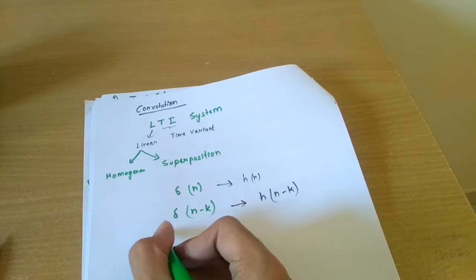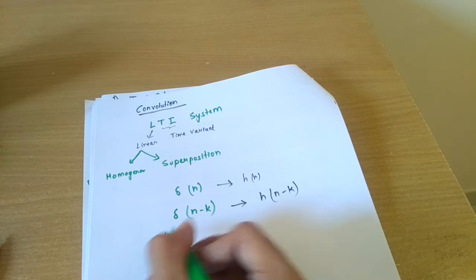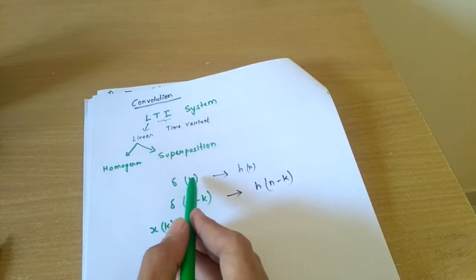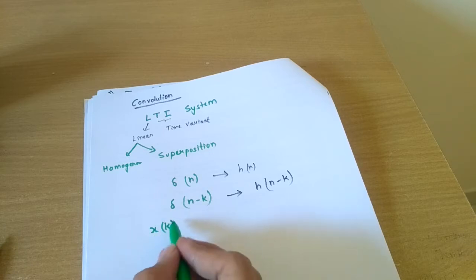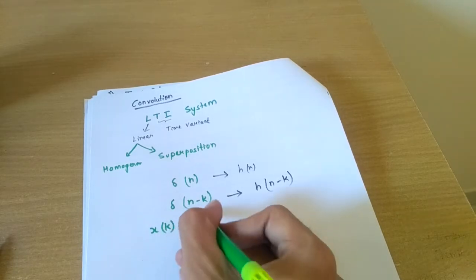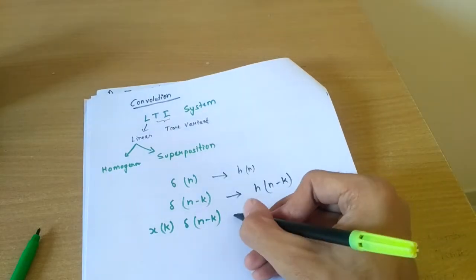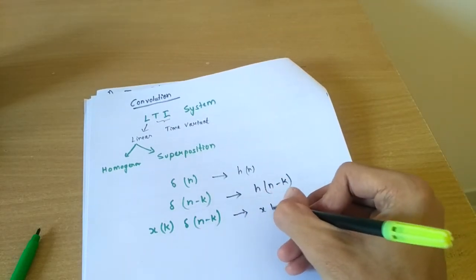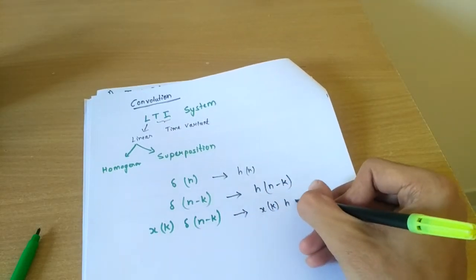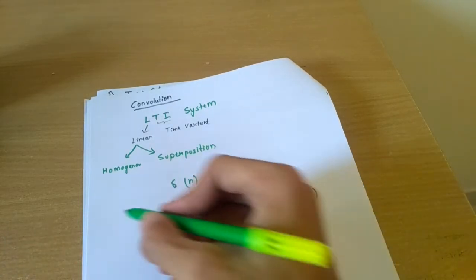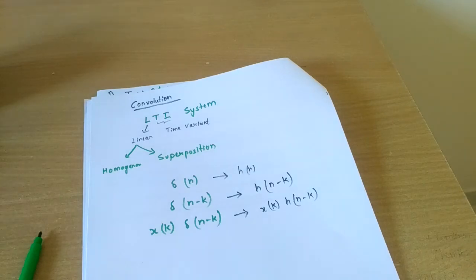Now let us multiply. This is a constant, because k is not our independent variable, n is our independent variable. So we are just multiplying both sides by some constant x of k. So what will be our output? Our output will be x of k h of n minus k, correct?